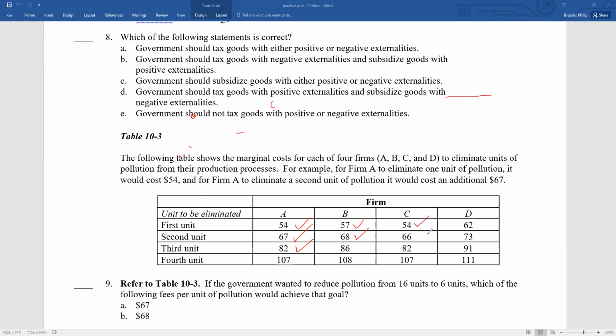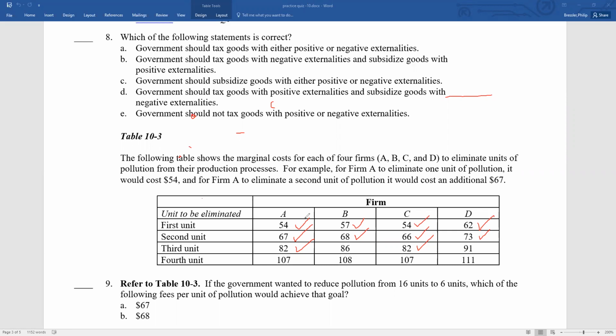C, 54, you got 83, cost 67, you got 83, cost 82, you got 83. D, cost 62, cost 73. So I've got 1, 2, 3, 4, 5, 6, 7, 8, 9, 10. I've eliminated 10 units. That's what they want.